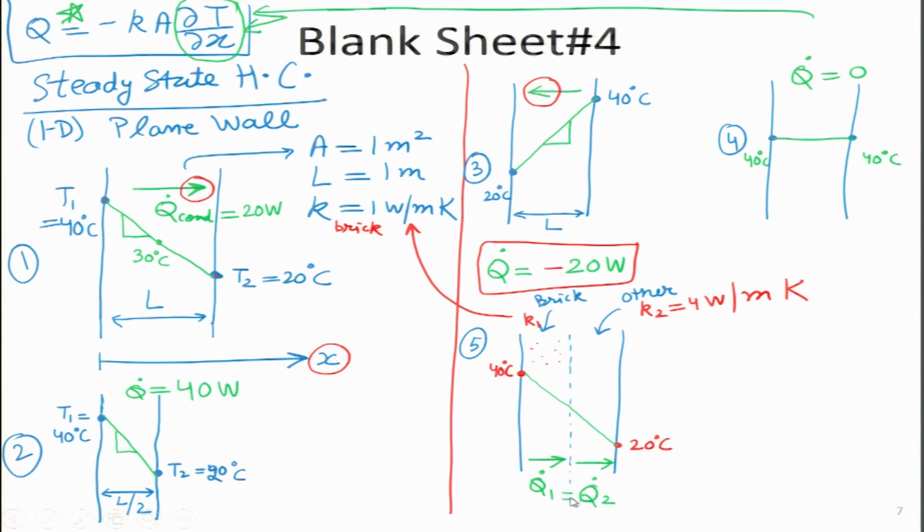Now, this is the hint from where we will try and figure out what exact slope should be over here. So, one way I will try to explain it is this: if you look at the equation K A del T by del X, if the K value goes higher, A remains the same for both the halves, which means if K value increases 4 times, perhaps my del T by del X should reduce by 4 times.